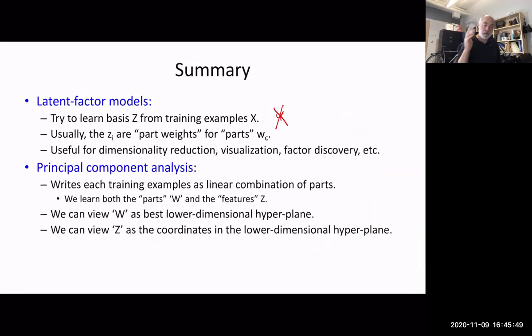Principal component analysis basically rewrites every training example as a linear combination of parts, where we treat the data matrix as a matrix to be factorized into a product between features Z and parts W. We can think of W as some best k-dimensional hyperplane, and we can use Z as the coordinates in this lower dimensional space.